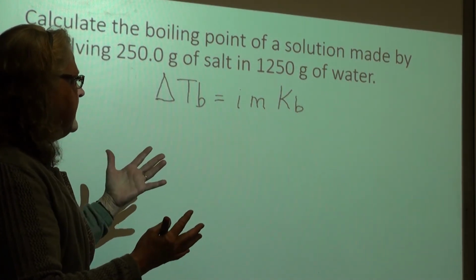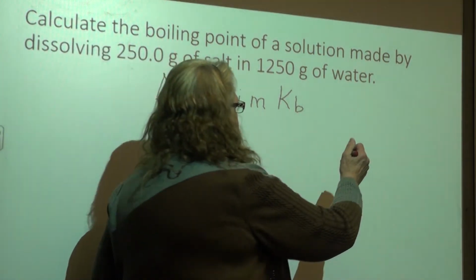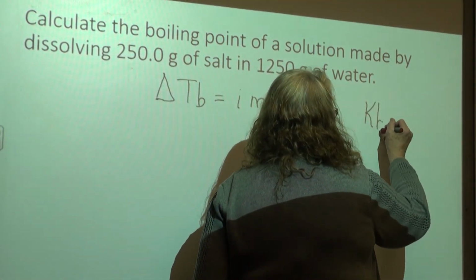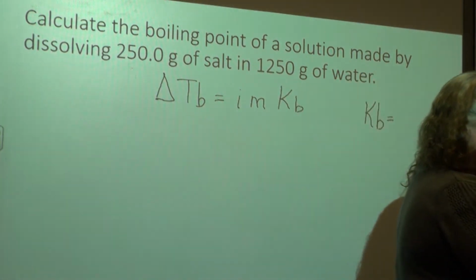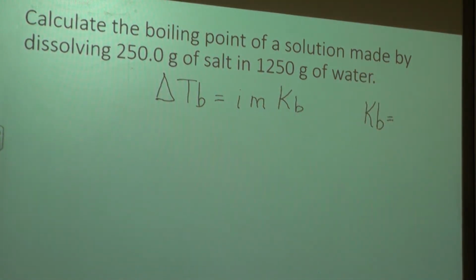So let's see, where am I going to get KB? Let's see if we can figure out where we're going to find these things. What am I going to look KB up for, water or salt? Water. Salt's not on there. I look KB up for the solvent.